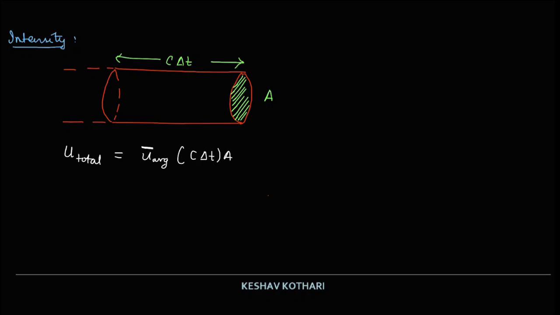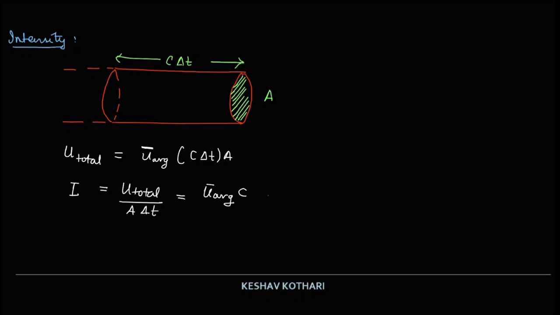And the intensity is equal to energy per unit area per unit time. So we divide it by A delta t, and hence the value comes out to be u average into c.